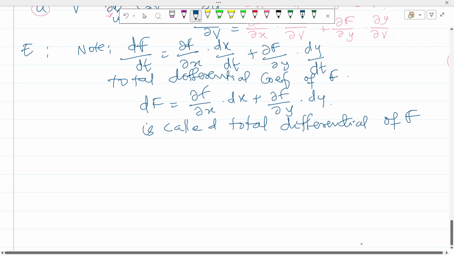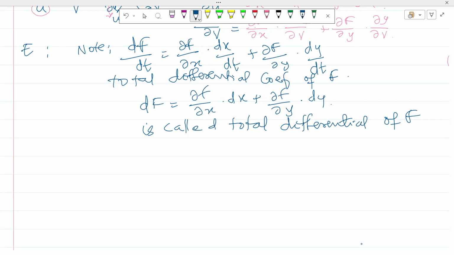Now only we are entering into your syllabus, functions of several variables.